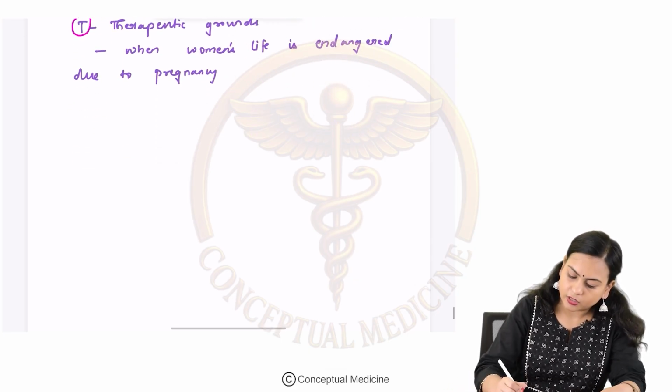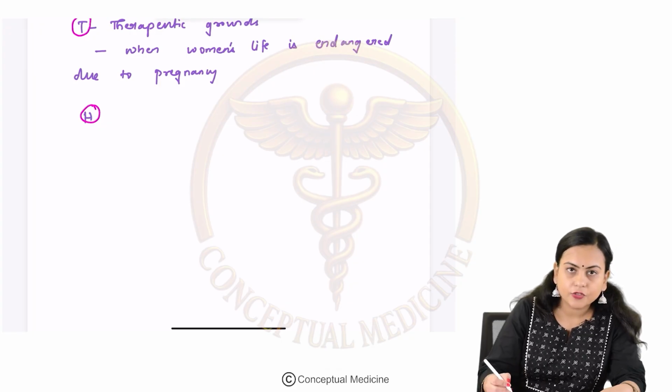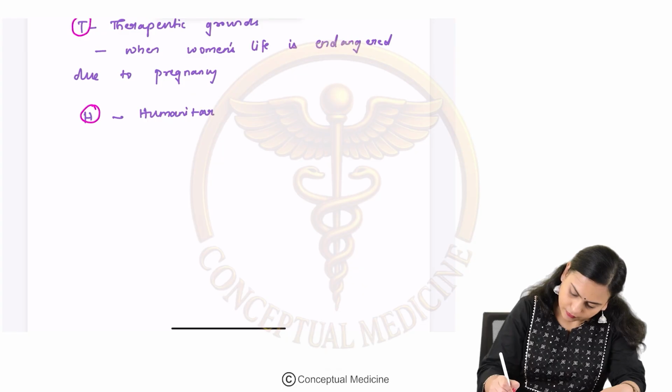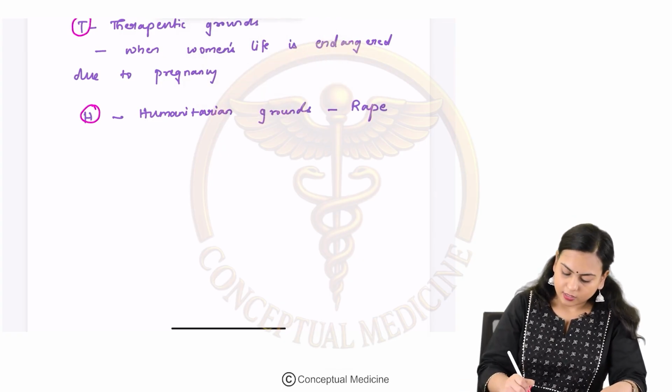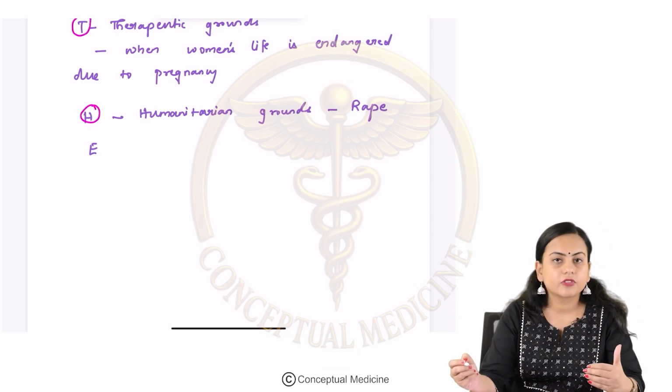Next is H, that means humanitarian grounds, especially in the case of rape. Next is eugenic grounds. That means when there is a risk to the fetus.